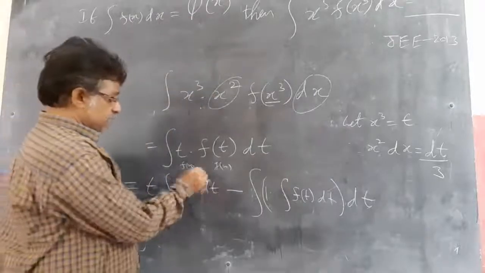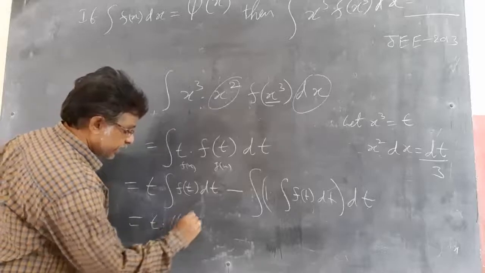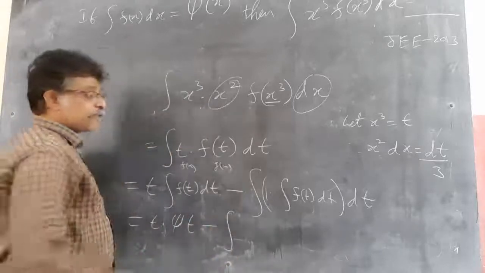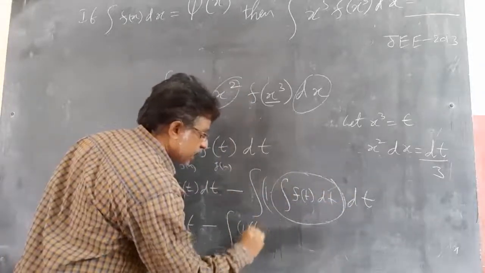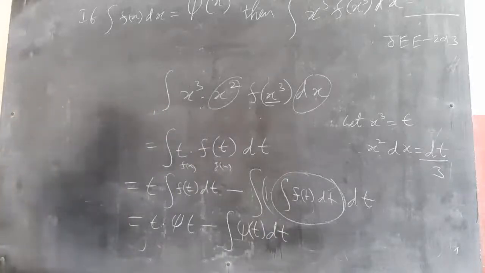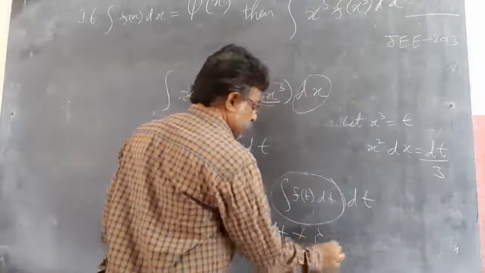So instead of this, I can simply write psi of t. So t into psi of t minus integral of psi of t dt.